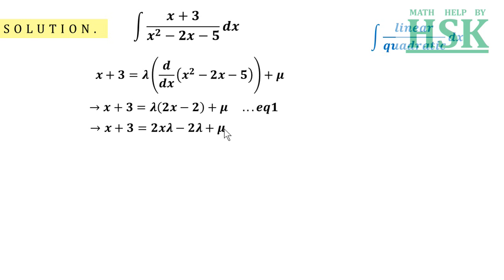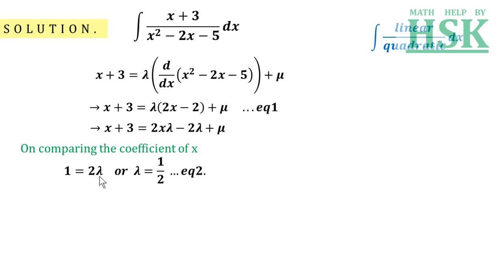On the left hand side the coefficient of x is 1, and on the right hand side the coefficient of x is 2 lambda. So on comparing the coefficient of x, I can write 1 is equal to 2 lambda, or lambda is equal to 1 by 2. This is my equation number 2.